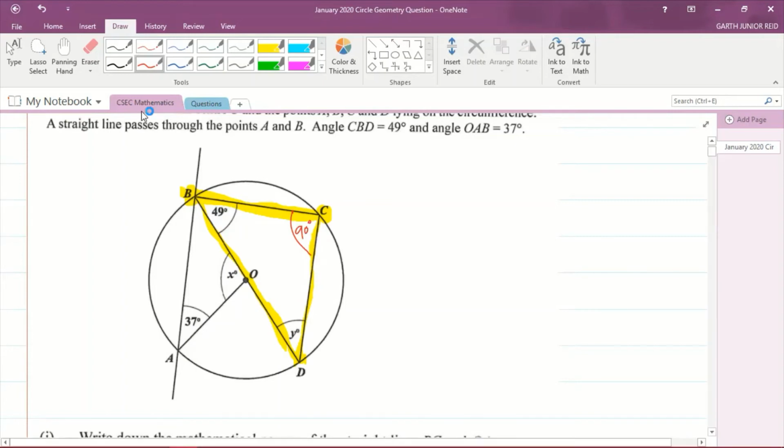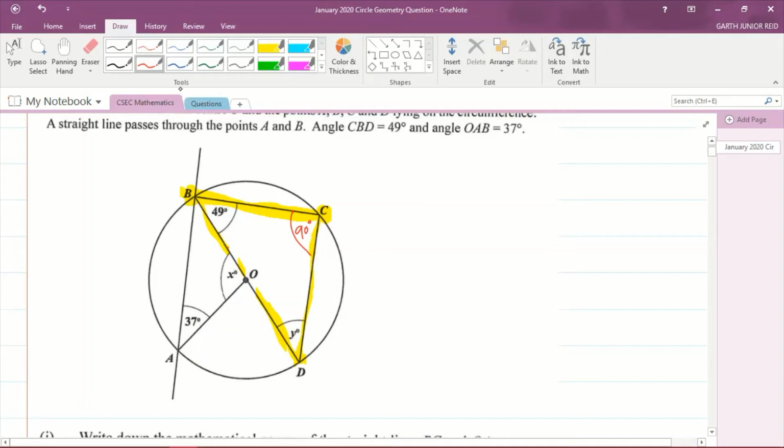Or you could use the fact that since all of that angle is 180 degrees, then we know that the angle at the center is 2 times the angle at the circumference. So you could use that knowledge as well. There are different ways you could look at it.